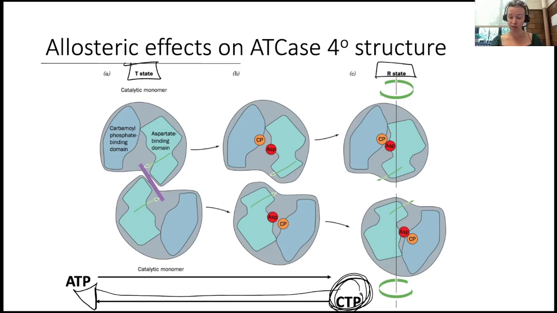Let's remember that the R state means on or active, and the T state means off or inactive. We should understand that the CTP is pushing us from the R state to the T state. CTP is an inhibitor. But what do you notice is happening to the quaternary structure as we change to the T state? You notice how these two subunits are really close together.